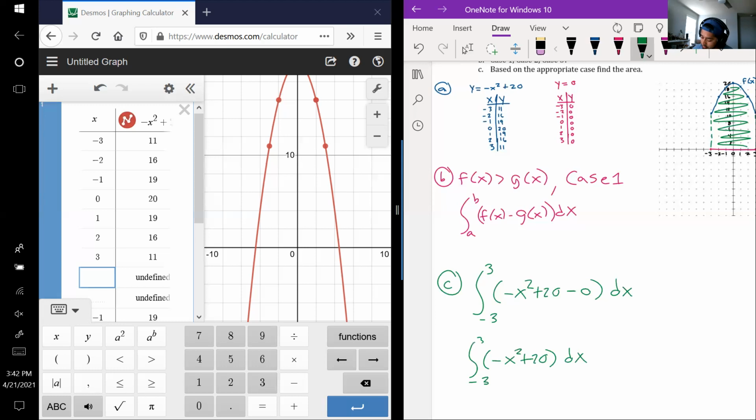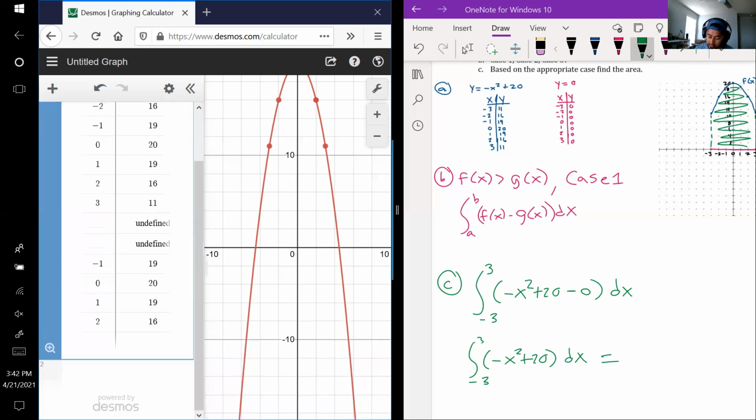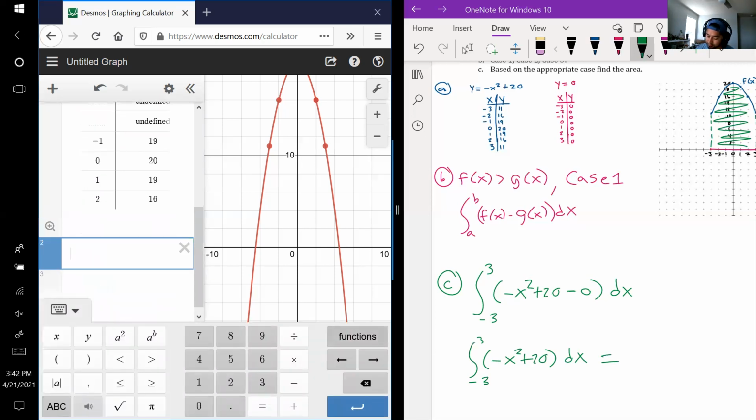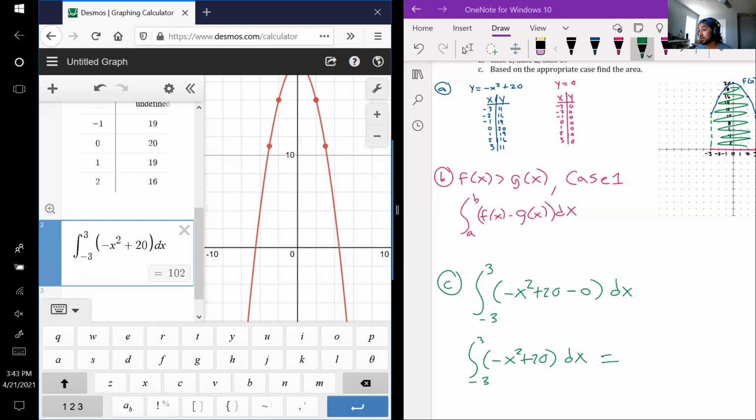And let's just go ahead and use Desmos now. So we can just go ahead and plug this in the calculator. So let me come down here, and I'm going to say the integral from -3 to 3 of -x squared plus 20 with respect to x.